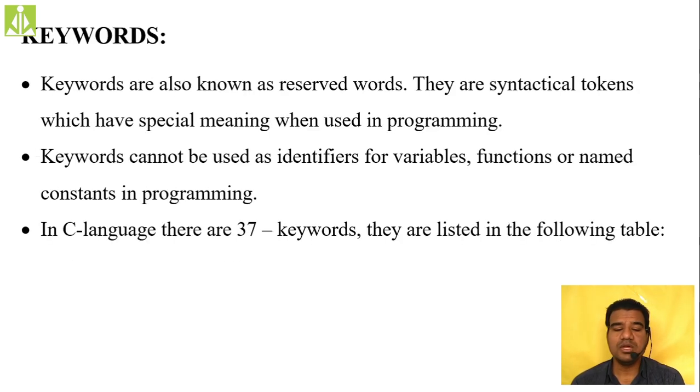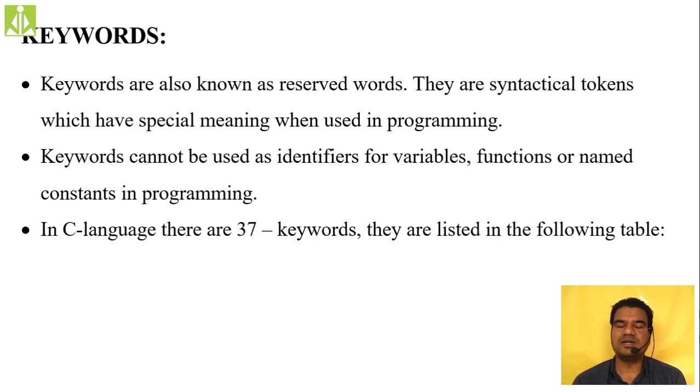Okay. So next thing, we said keywords are the fixed words, reserved words, and they have some syntactical tokens associated with them, and they have some special meaning when used in your programming. So these keywords we can't use as identifiers. Already we discussed in the rules of identifiers itself, keywords can't be identifiers.